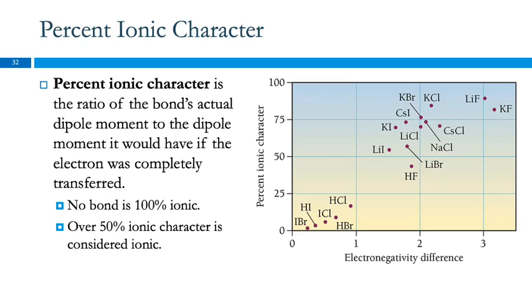So it turns out that no bonds are 100% ionic. They're just pretty close. So this graph is showing us percent ionic character versus difference in electronegativity between the two elements. And so we see some of these up here, potassium chloride, lithium fluoride, potassium fluoride. They're up around 80, 85% ionic character.